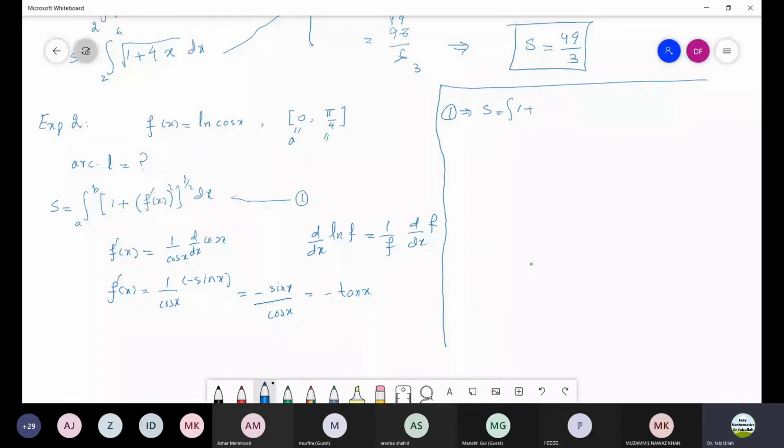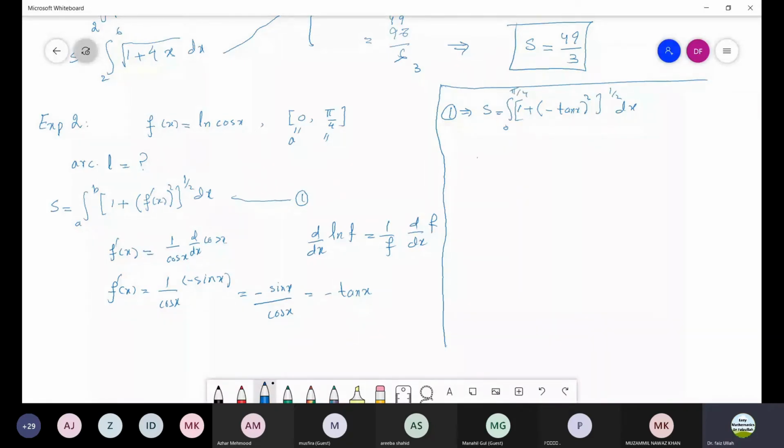Now 1 plus f dash. F dash is minus tangent x, whole square. Power is 1 over 2 into dx. Limits are from 0 to pi by 4.